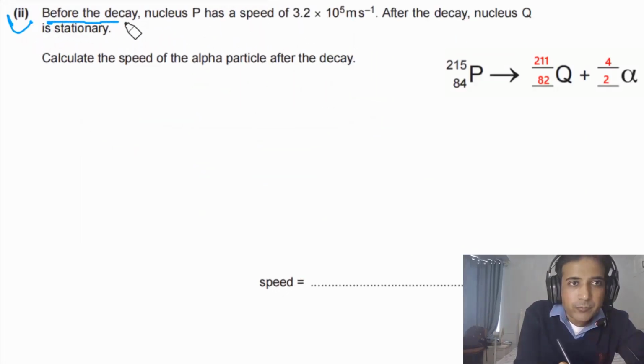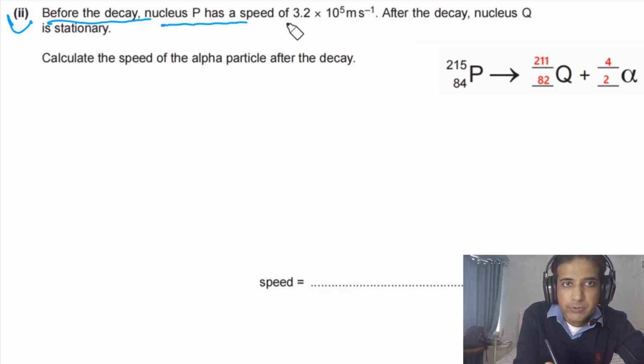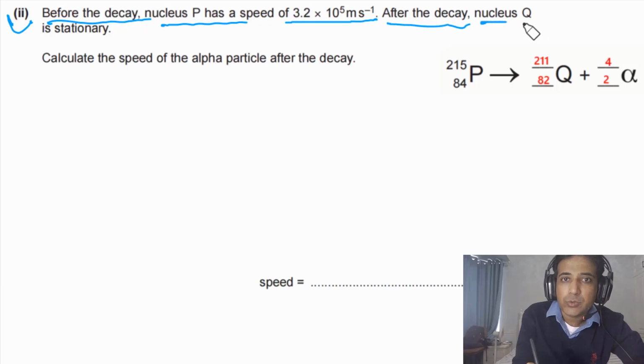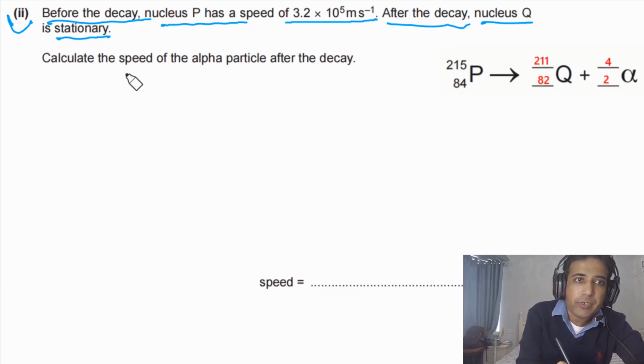The second part says before the decay nucleus P has a speed of 3.2 times 10 to 5 meters per second. After the decay nucleus Q is stationary. Calculate the speed of the alpha particle after the decay. We have to use conservation of momentum.